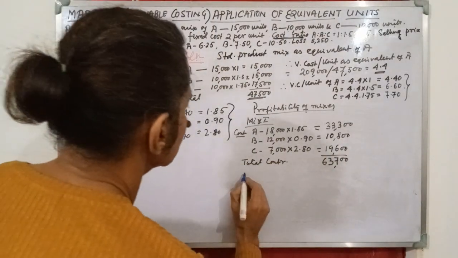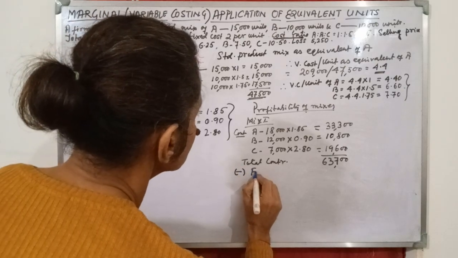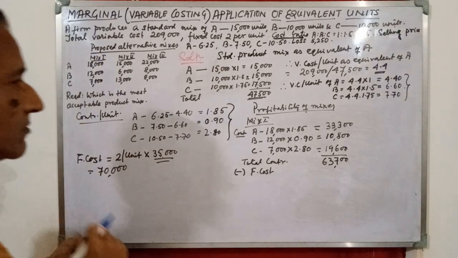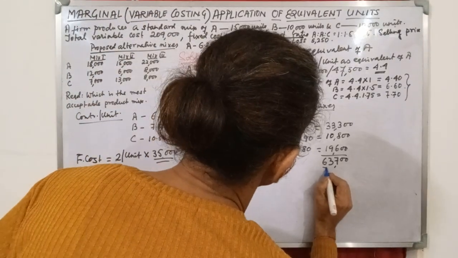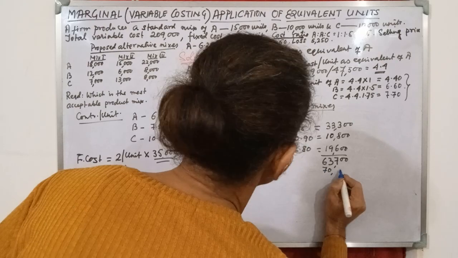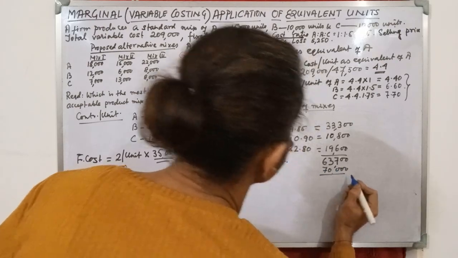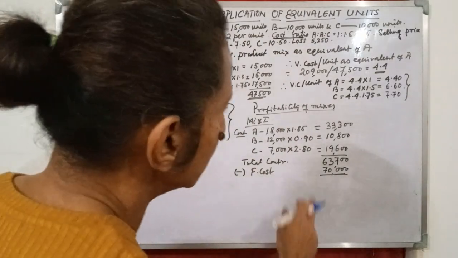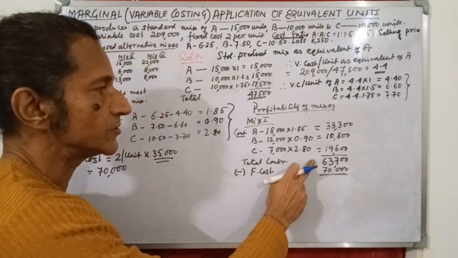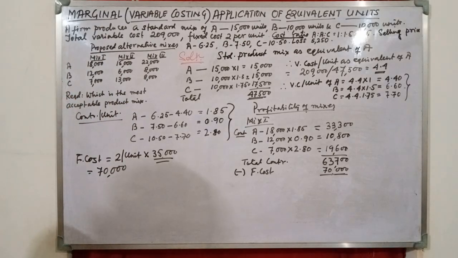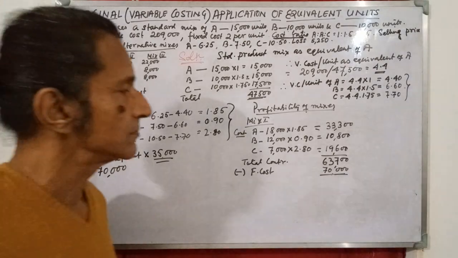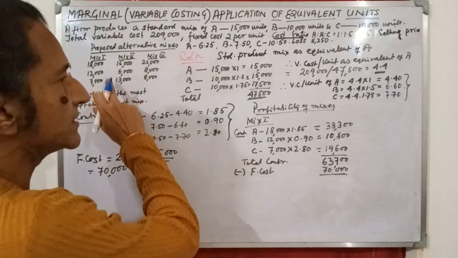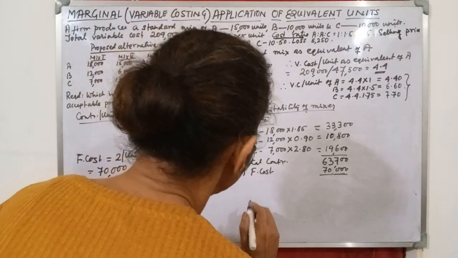And what is the total fixed cost? 70,000 calculated. So we deduct fixed cost from contribution to arrive at profit or loss. And here fixed cost is more than the total contribution. Therefore, the firm is incurring a loss as depicted by product mix 1.